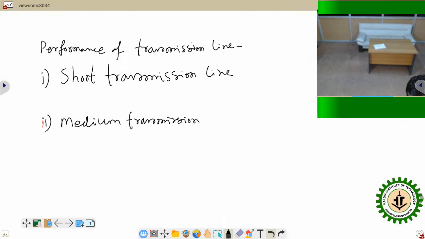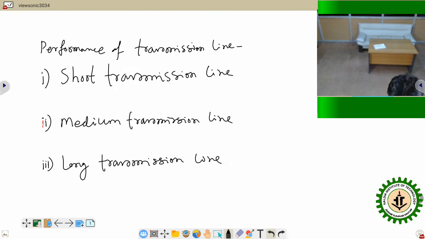And number three, the long transmission line.